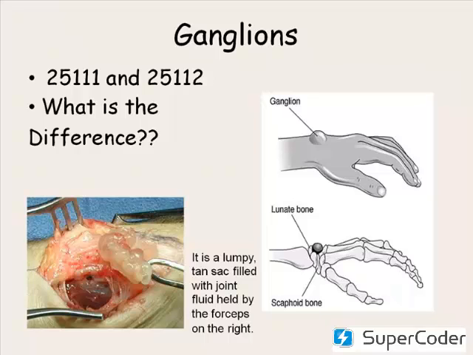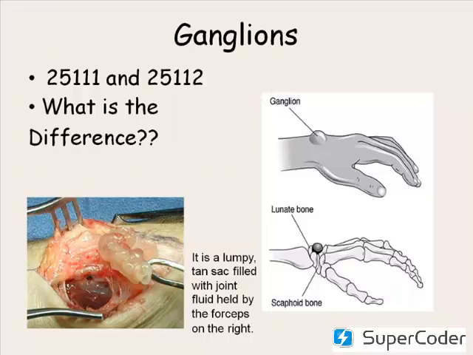You can't use the recurrent code unless the documentation supports that. You'll notice that your ICD-9 codes talk about it being in the joint. Again, make sure your documentation states that the ganglion was in the joint. If it doesn't state it's in the joint, you're going to use one of the other 727.4 codes.